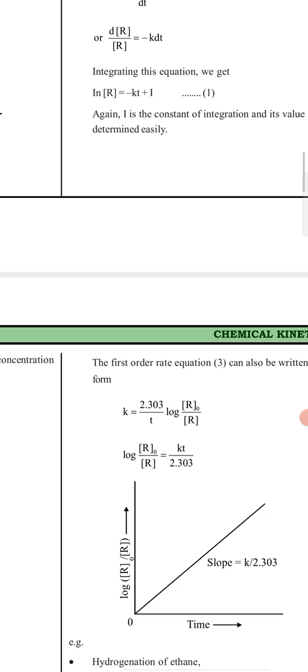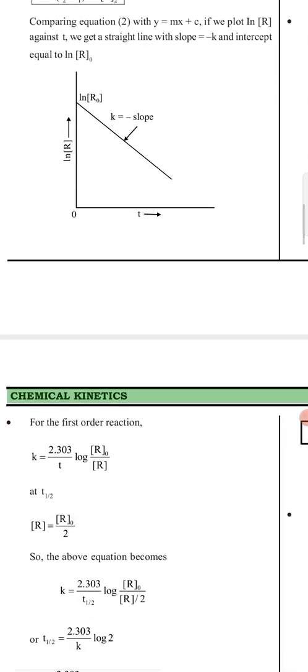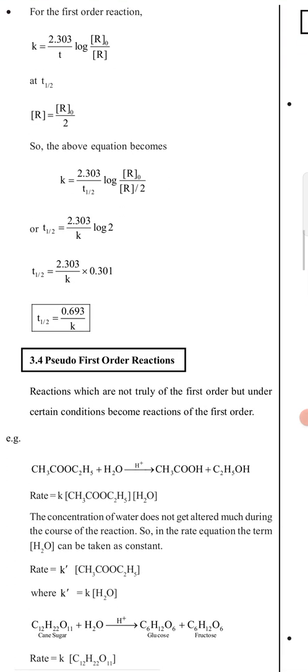So we have to put the value in the rate expression, then definitely we will get the value of t half. And one more thing we have discussed today, that is the pseudo first order reaction. Pseudo first order reaction means whenever two reactants react, sometimes, like in the hydrolysis of ester or the hydrolysis of cane sugar, as water is present in very high amount, we consider the concentration of water as unity.